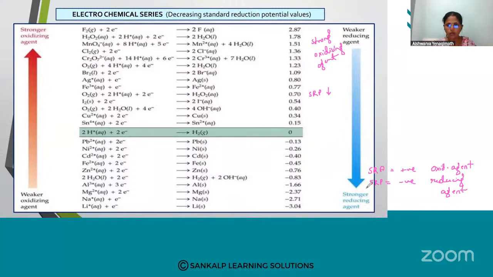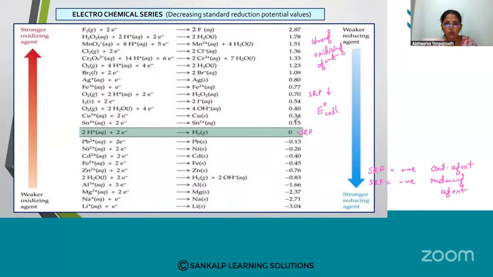So at the bottom line, you have the elements which are strong reducing agents, and this is the differentiating line between both. You can see here, standard reduction potential of SHE is what? It is 0. So using these values, these are the values of E naught cell. Using these values, you can find E naught cell value. These are standard reduction potential values.